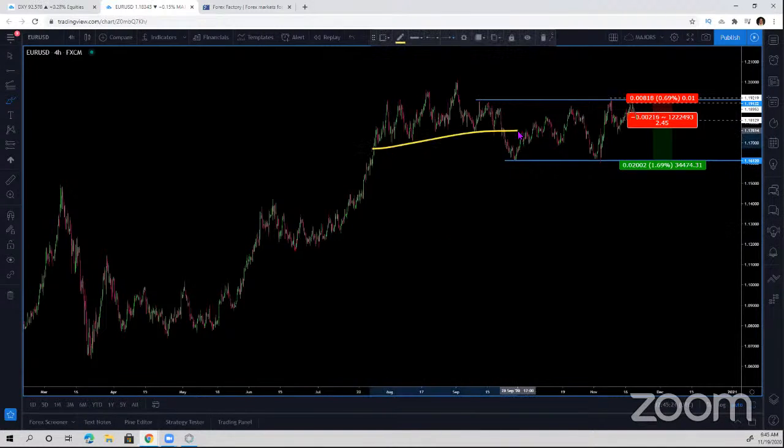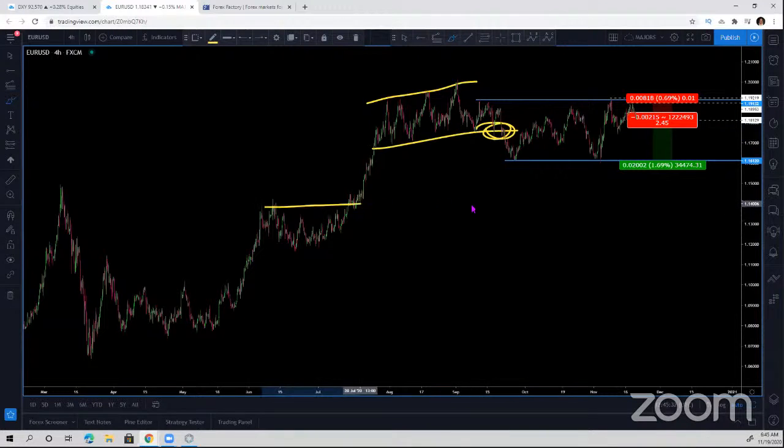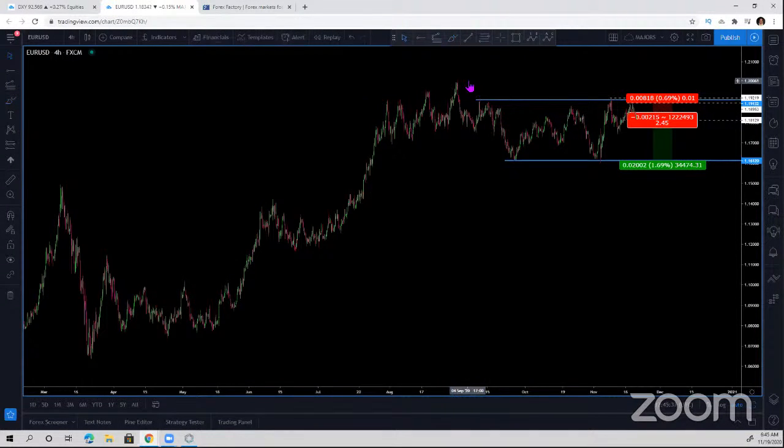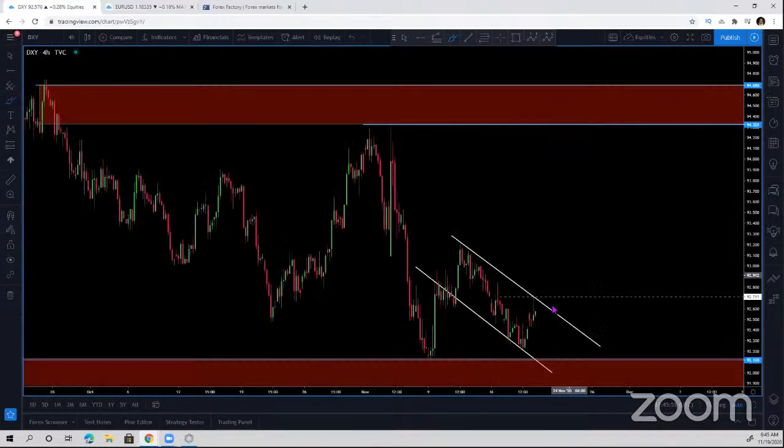But still, this was a short position that I took on the Euro US dollar, where I was targeting these lows, and the Euro USD failed to follow through on that short breakout and started to range. So I'm going to play the range on the Euro USD. Why? Because I'm playing the range on the US dollar, right?